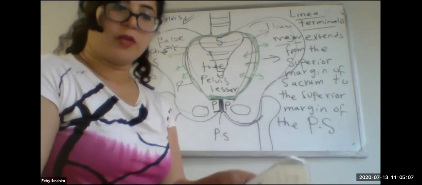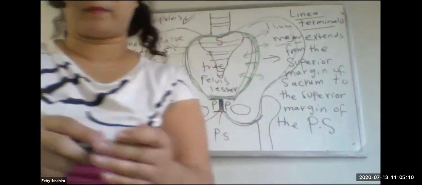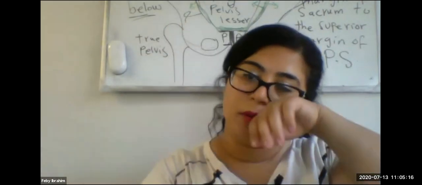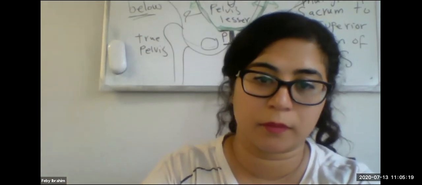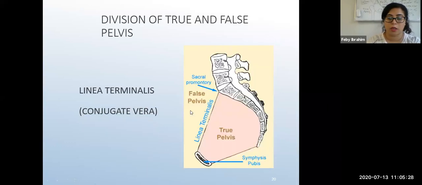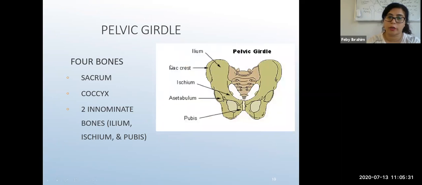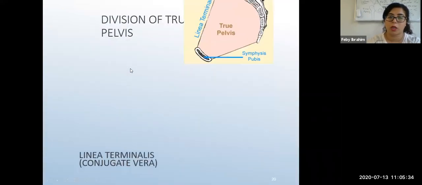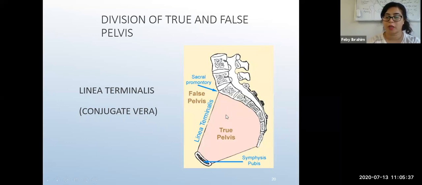Let's go over this information in your slides again. I'm going to go back to a slide. We mentioned the pelvic bones and the division of the true and the false pelvis. Look here, this is a side view. This is the superior margin of the sacrum, also called the sacral promontory.